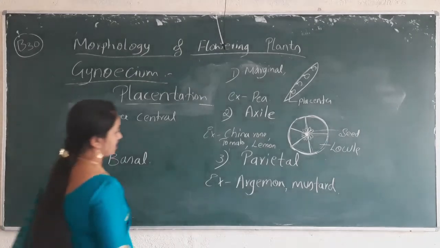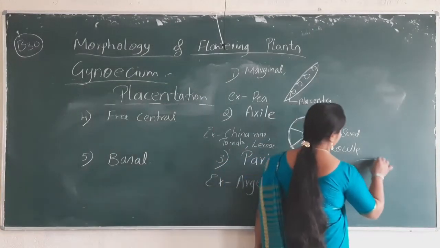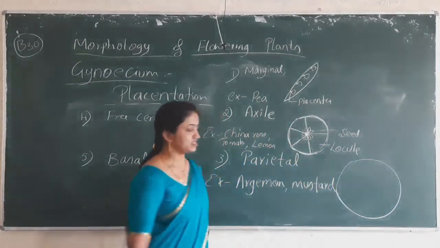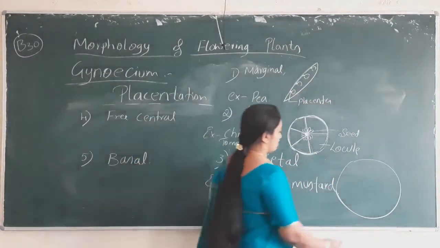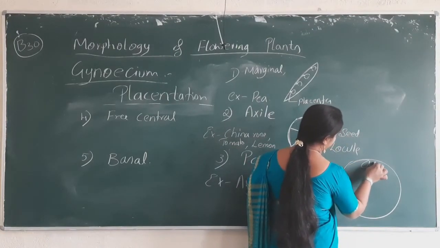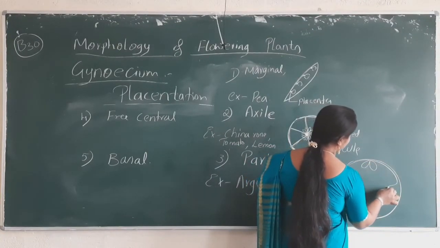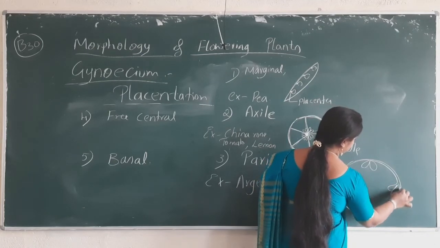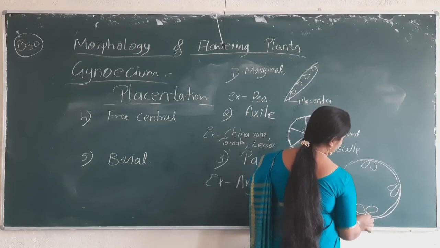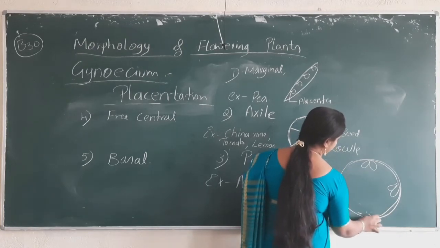These are the two examples for parietal placentation. In the parietal placentation, the ovules develop from the inner wall of ovary. Sometimes this ovary forms a false septa.